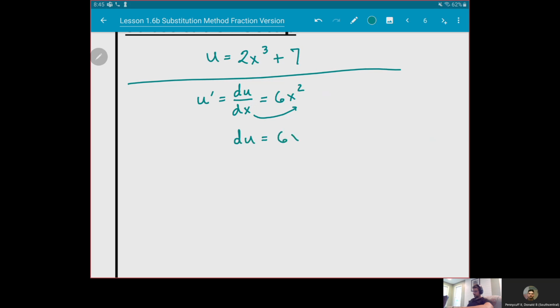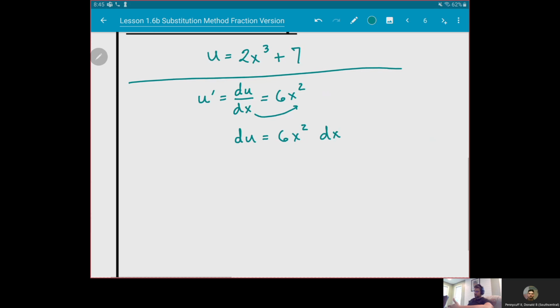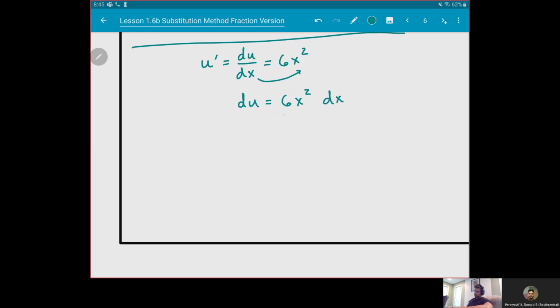I'm just preemptively moving that dx over at the very beginning of the problem. And then I'm moving this over so that I get 1 over 6x squared du is equal to dx. Our whole goal of doing this whole take the derivative is to get that dx by itself. That's the entire point of it all. That is all we're trying to do. Okay?